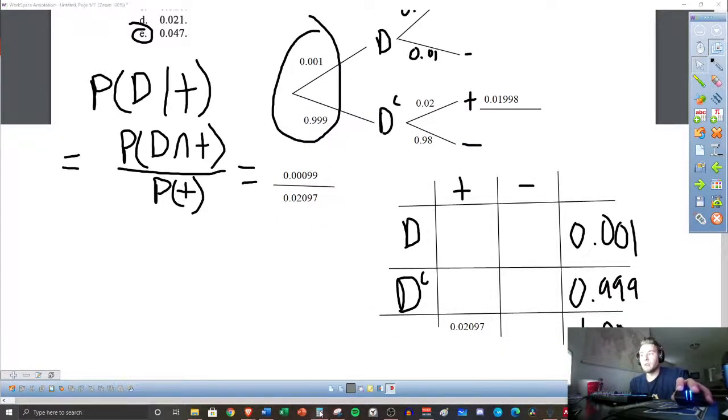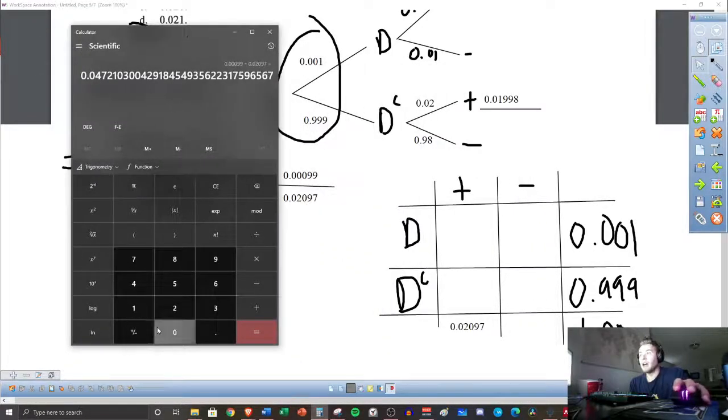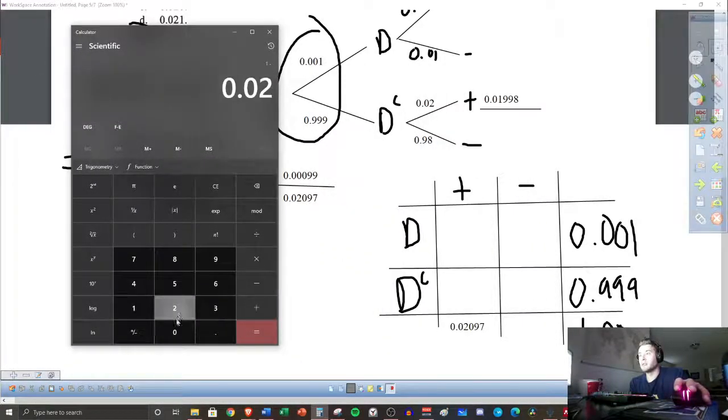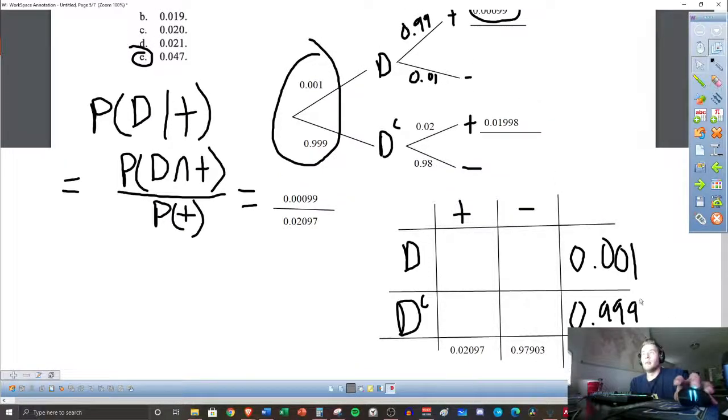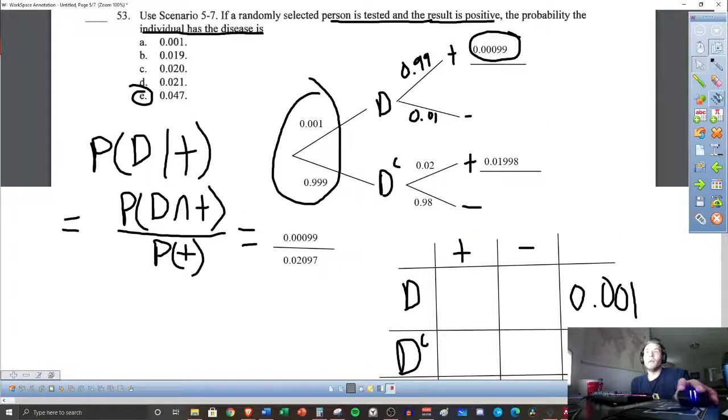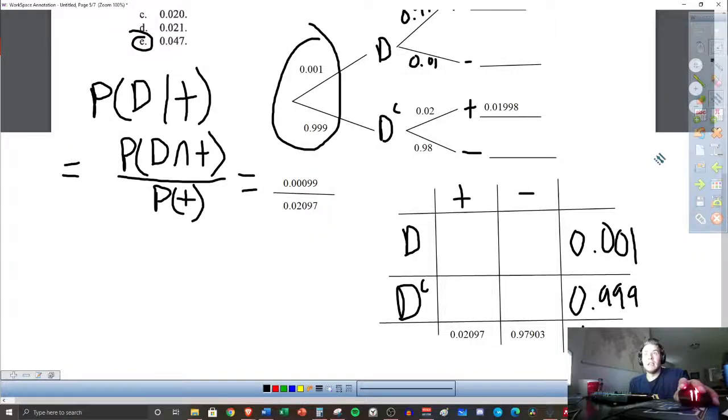And then to find this, of course, we have to subtract. So 1 minus 0.02097. So this is going to go in here. So there's our probability. We don't see that anywhere on here, but if we wanted to find it, it would be the addition of these two spaces that are now blank. Now, do we have this value here?